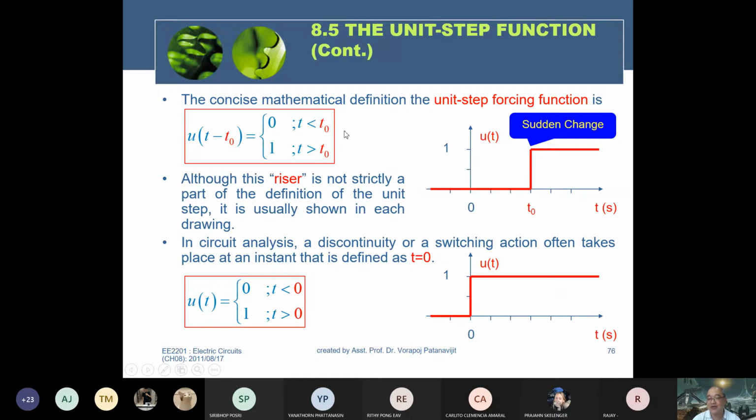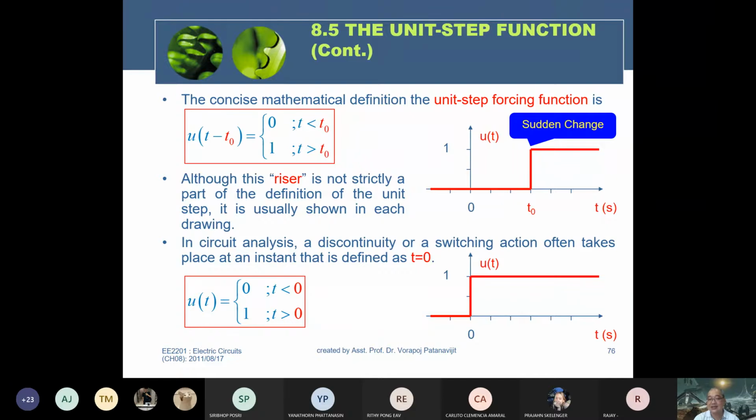It only says that for time greater than 0 or less than 0, it equals 1 or 0. At time equal to 0, in fact, it doesn't have any value between them. But even though the riser is not strictly part of the definition of the unit step, it is usually shown in each drawing.